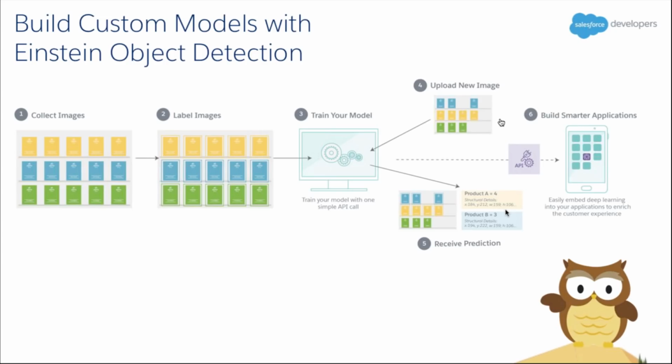And really all that customers have to do to build their custom models is define your use case and decide what you want your model to do, and collect images, images that you would want your model to recognize the objects in. Then the second step is labeling, which in the case of object detection means drawing boxes or providing the coordinates of exactly where objects are in the image.